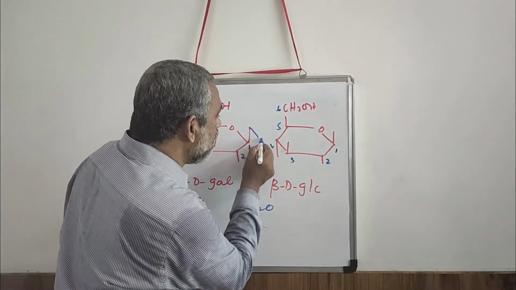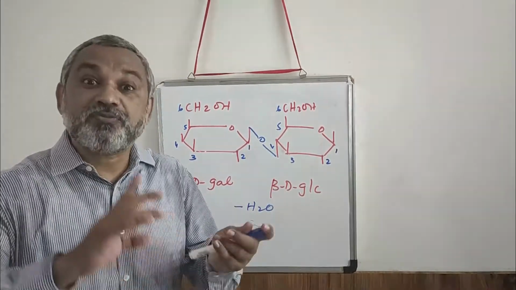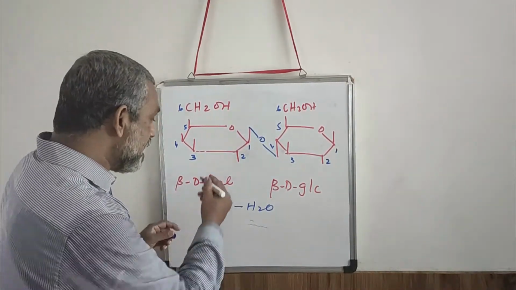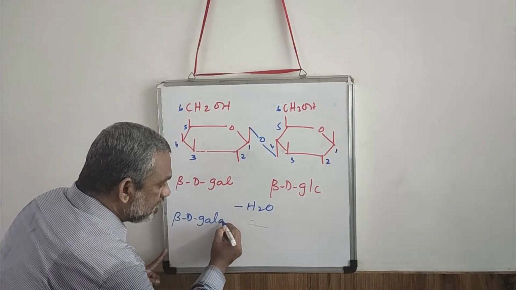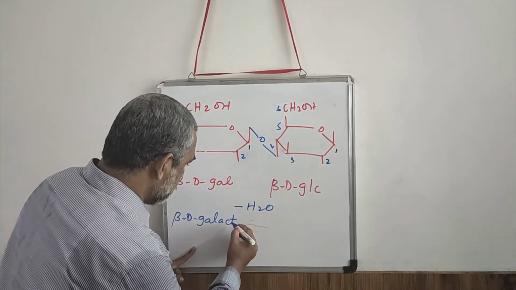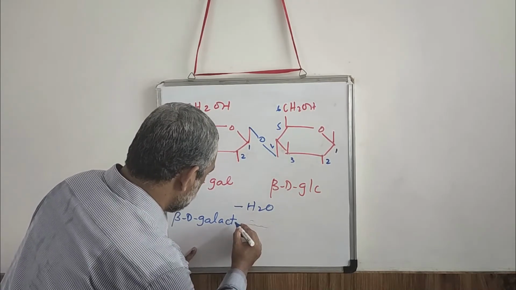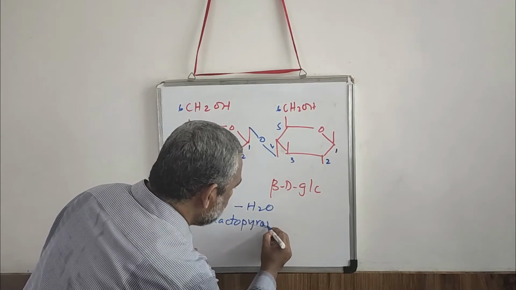A glycosidic bond is formed, we have galactose. So what will be the name of this molecule? The name will be beta-D-galactopyranosyl.